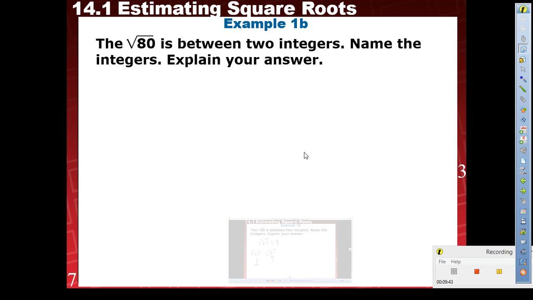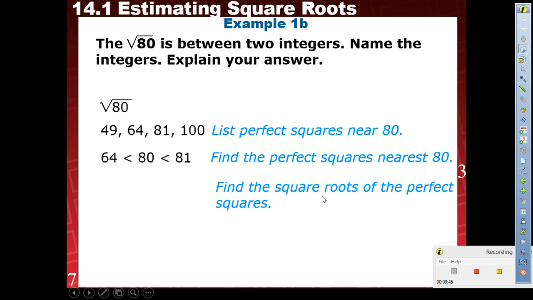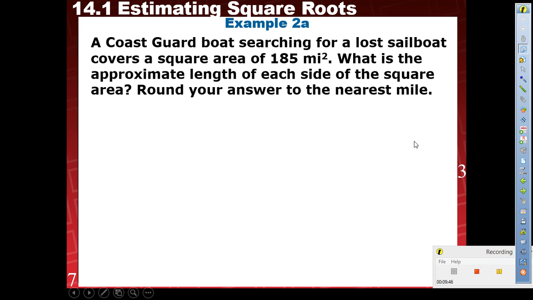So with that said, copy this next one, please. Example 2A. Copy this. It says, a Coast Guard boat searching for a lost sailboat covers a square area of 185 square miles. What is the approximate length of each side of the square area?